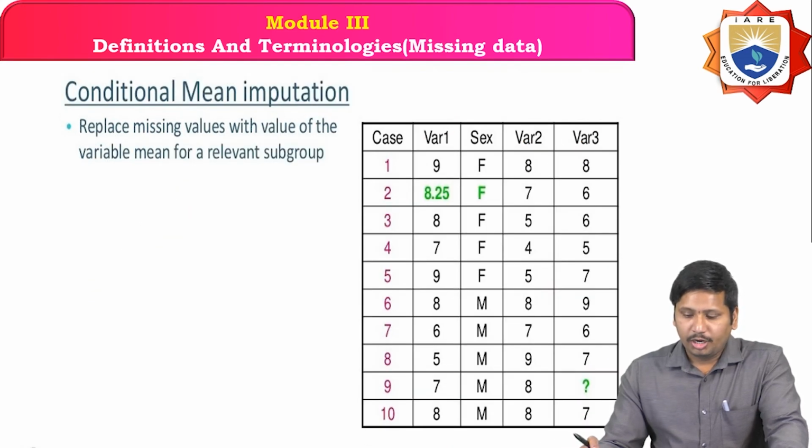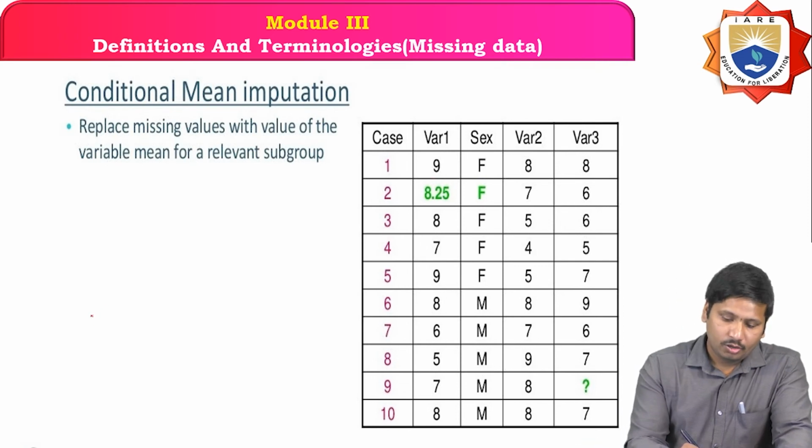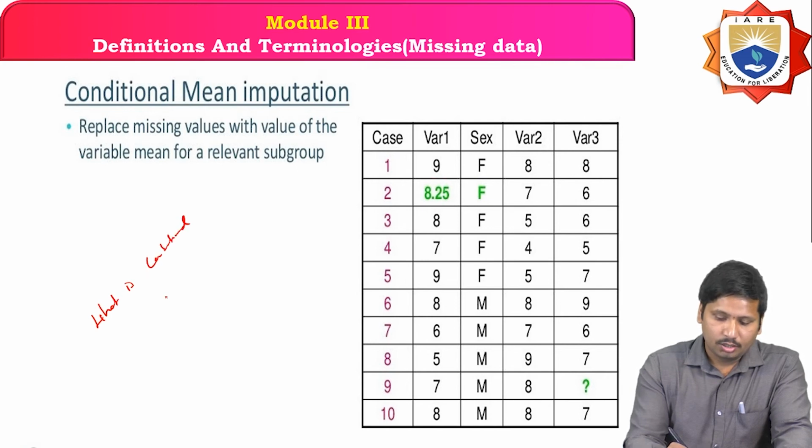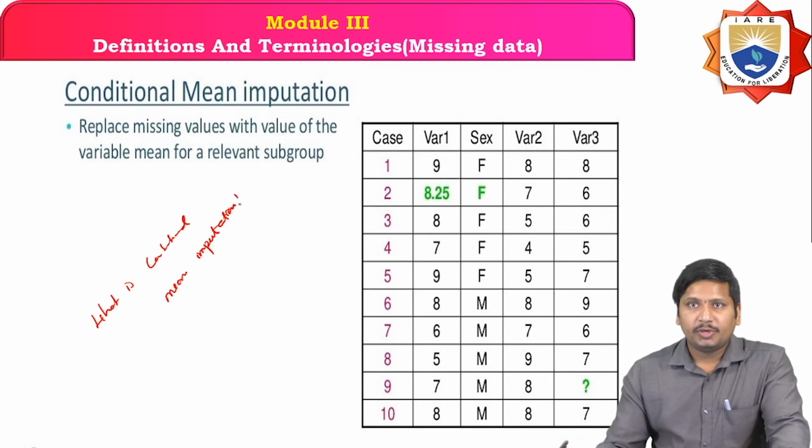And conditional mean imputation. What is conditional mean imputation? This is another kind of question that may come. According to this method, the missing values are replaced with the variable mean for a relevant subject group.